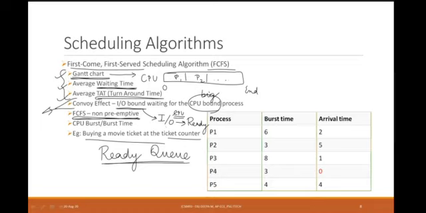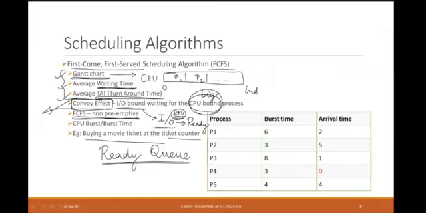Okay. So now we have these smaller IO processes which have completed the IO operation, but they need some amount of CPU time. But these processes are going to wait for the CPU bound process. Such a condition is called as convoy effect. Convoy effect.